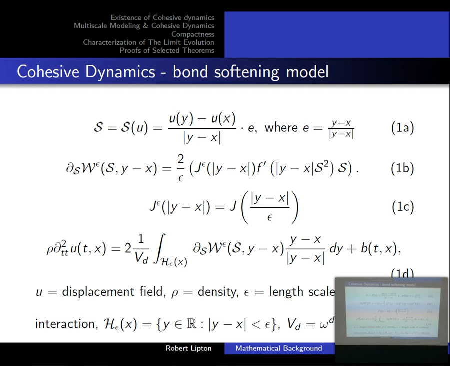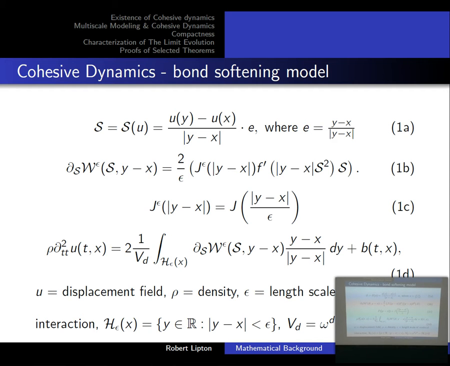So we'll have a given potential, this influence function profile, and then rescale it to our peridynamic neighborhood. And so here is the equation of motion. Acceleration is equal to elastic force plus body force. This is the displacement field. Rho is the density.